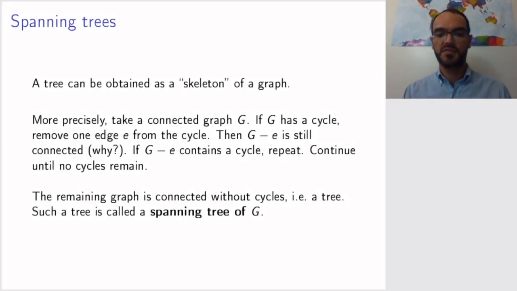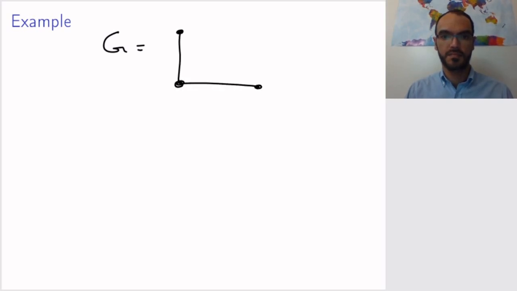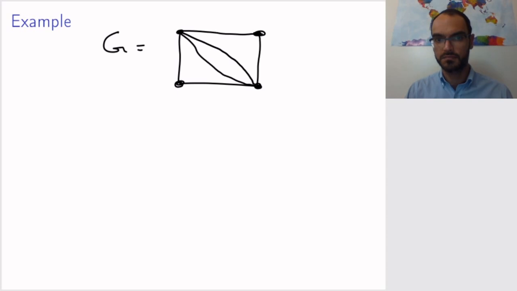Let us see how this works in an example. Let us look at our graph G, which is this graph. And remember, G doesn't have to be simple, so maybe I have a double edge here. Let me name the edges.